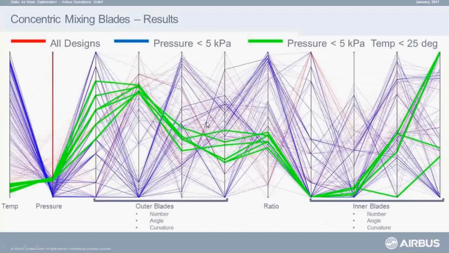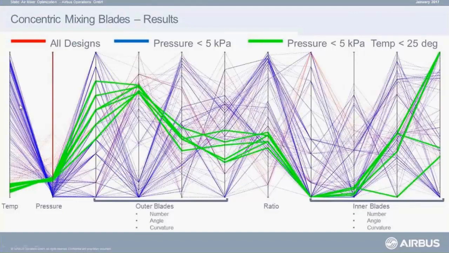And when we want to take a closer look at what the main influences are, we can use a plot like this, where every line represents one case that has been run.